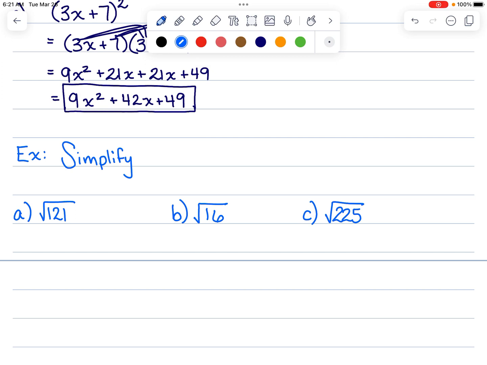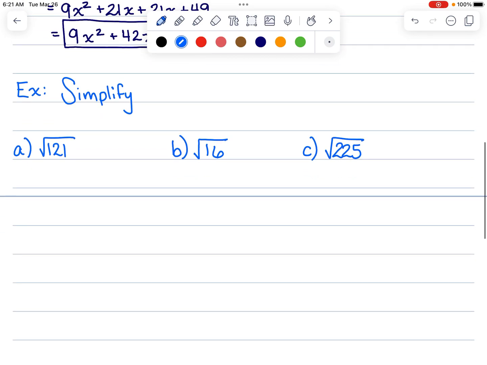So these are what we call perfect squares. And what that means is these numbers that are inside the square roots here, they are numbers that are the result of squaring a number.